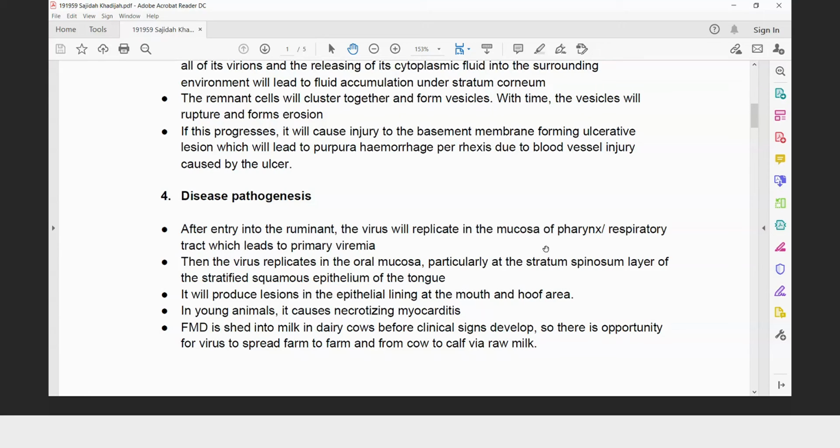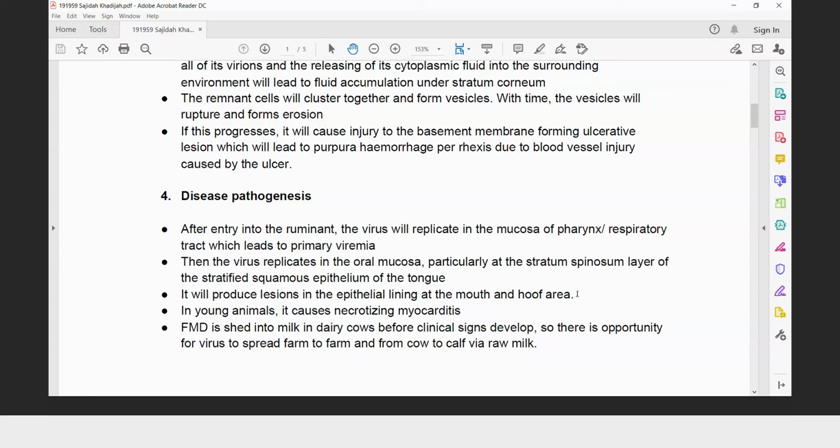Because when you have erosion, ulceration, and hemorrhagic glossitis, that will lead to dysfunction of the animals. Particularly the animal might have difficulty in eating. But more importantly, the exposed stratified squamous epithelium might allow the entry of pathogenic bacteria.